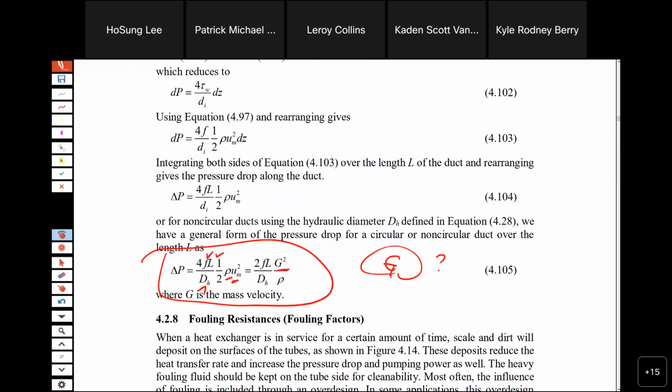Capital G, mass velocity. They use it, okay, it is rho, density, times mean velocity. But anyhow, they can use it and then estimate. This is simple, but we will discuss more complicated heat exchangers. This is simple pressure drop.